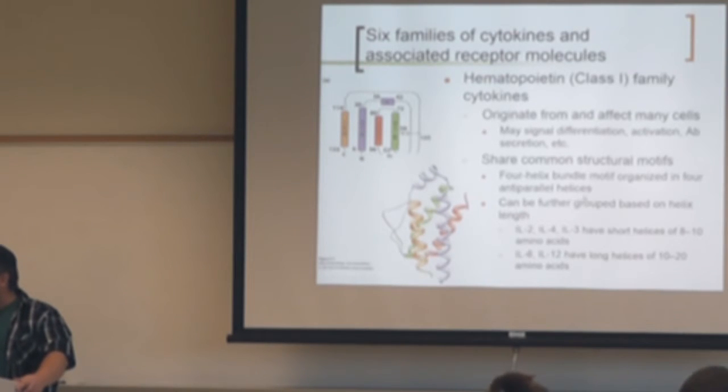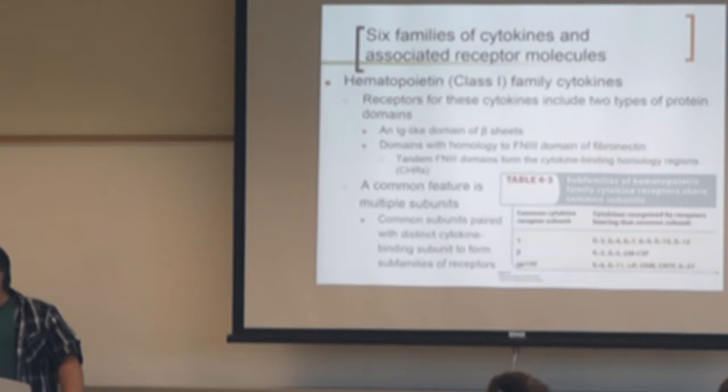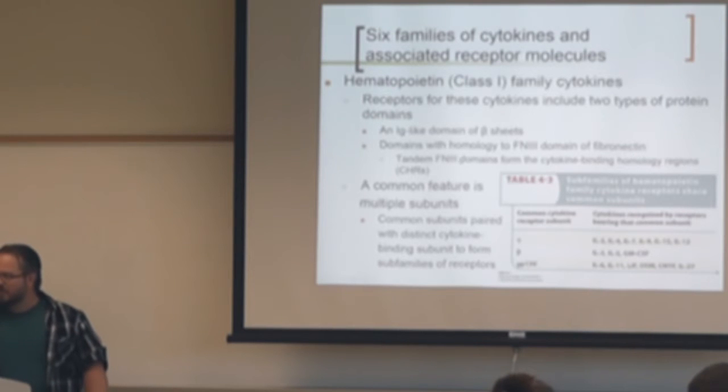They all share these common motifs, and they can be grouped by length. We have our really short helices, IL-2, IL-4, IL-3, and then the larger ones have long helices, IL-6 and IL-12. You don't need to memorize that. So they have two different types of protein domains.